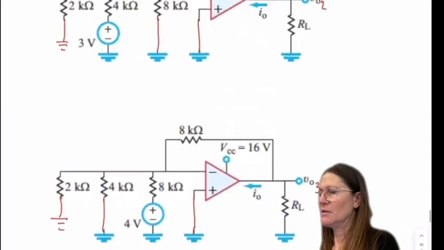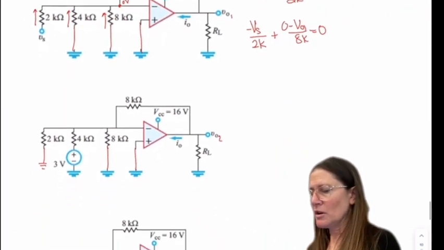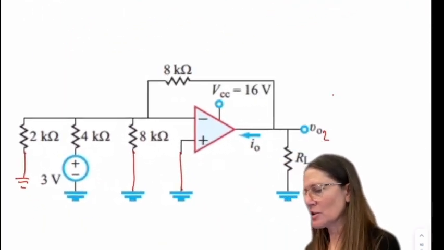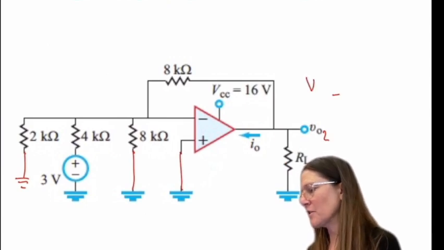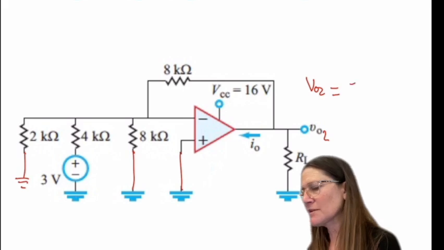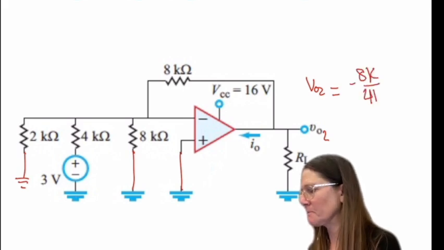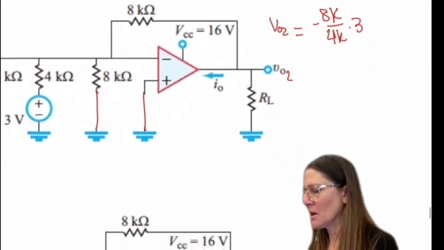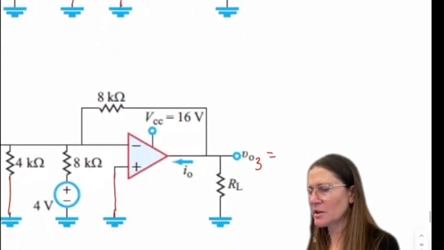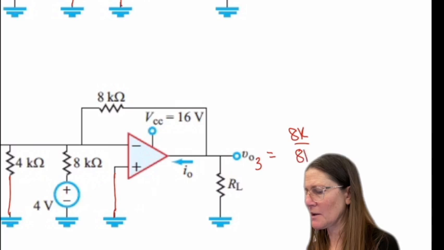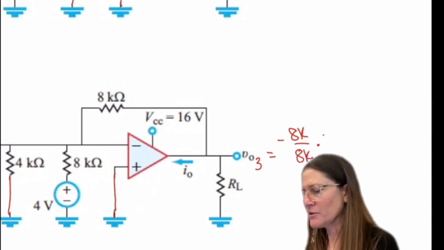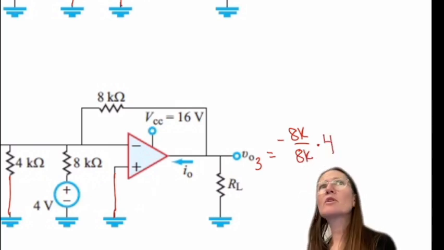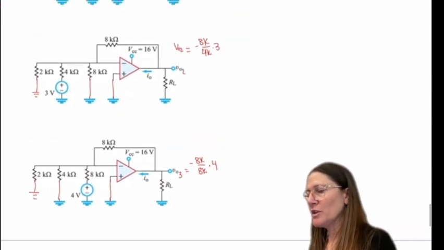Okay. So in turn, these are each going to be a minus, so V naught 2 is going to be a minus 8K over 4K times 3. And then V naught 3 is going to be an 8K over 8K negative times 4. So you would then add those up.